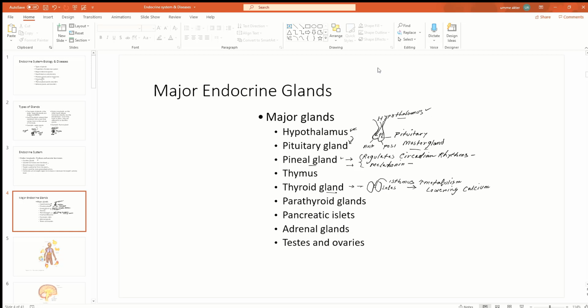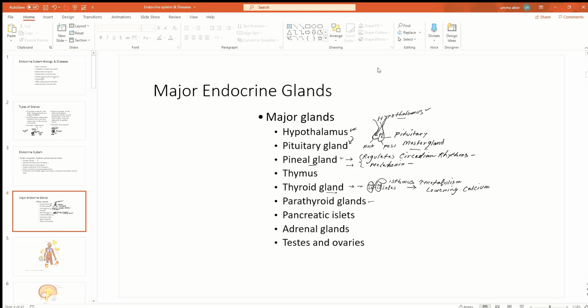Then in the back of the thyroid gland, if this is the thyroid gland, and if you look in the back, not in the front, in the back dorsal surface, you'll see tiny glands, usually 4 to 8 in number. Okay, like small buttons.